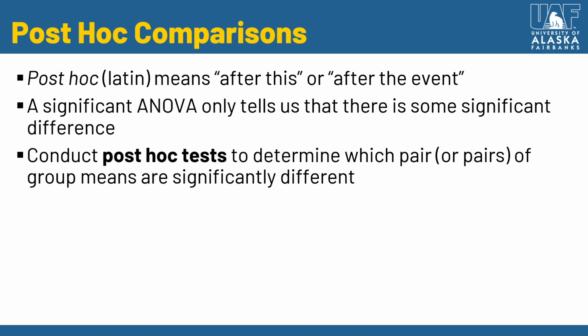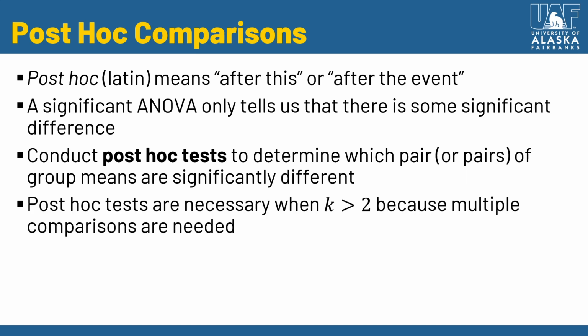However, post hoc tests are necessary to actually hone in on and identify the specific comparisons that are significantly different, right? Because again, now that we have more than two groups, there are multiple comparisons going into each test. And so the post hoc comparisons are going to help us identify which of those specific comparisons are significantly different.